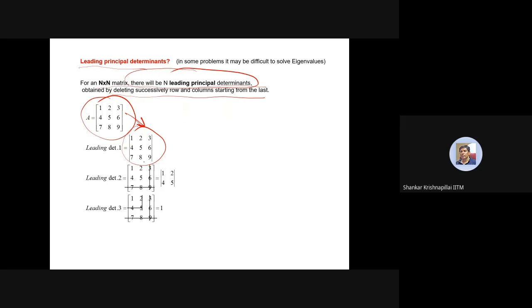The second leading determinant is obtained by deleting the last row and column. So that is this thing. The third leading determinant is obtained by deleting the last rows and columns like this.